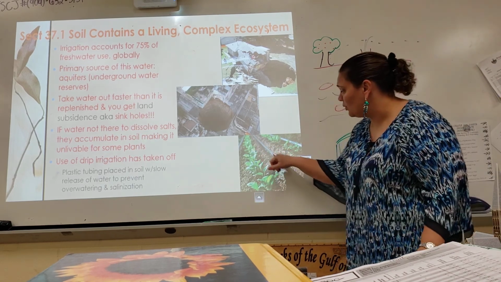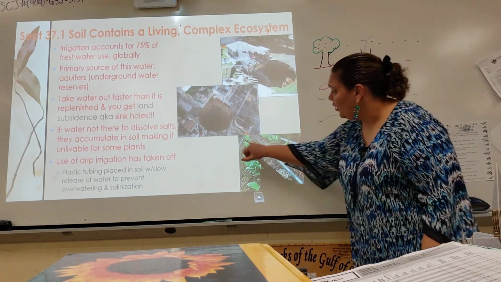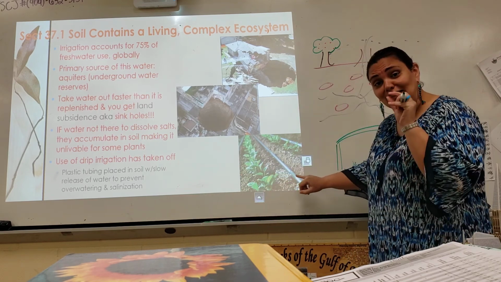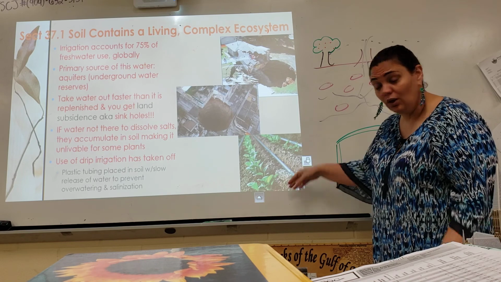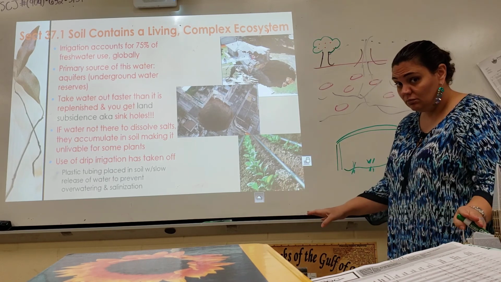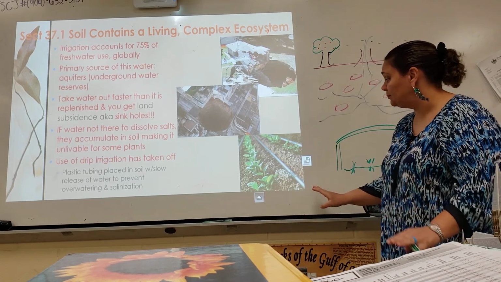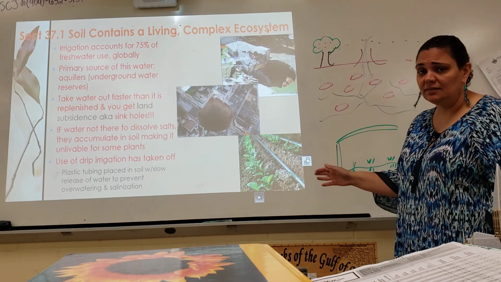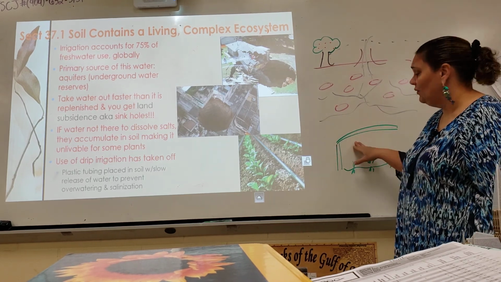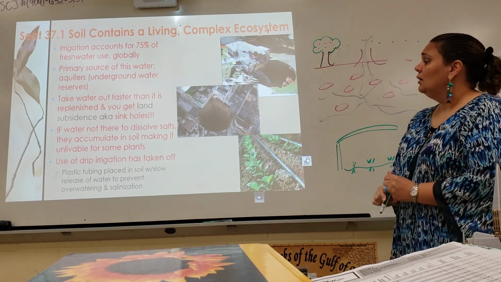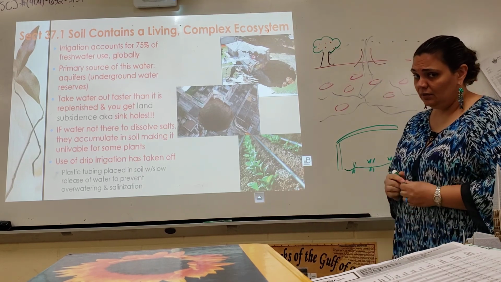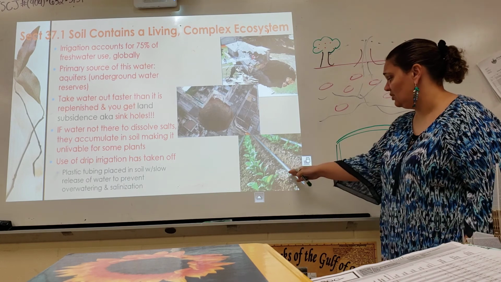So they have these pipes going along all the farmland, and it literally releases just a drip of water at a time, so that the water is going straight into the soil to feed the roots. Water, that's it. That's all that needs to be done. The problem is the farmers would have to get rid of all of this system and replace it with this, which would cost them a lot of money. Slowly but surely, farmers are switching over to this system.